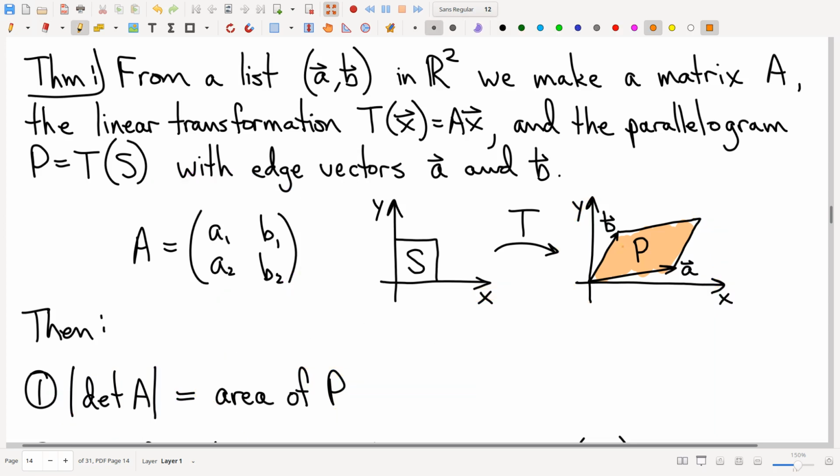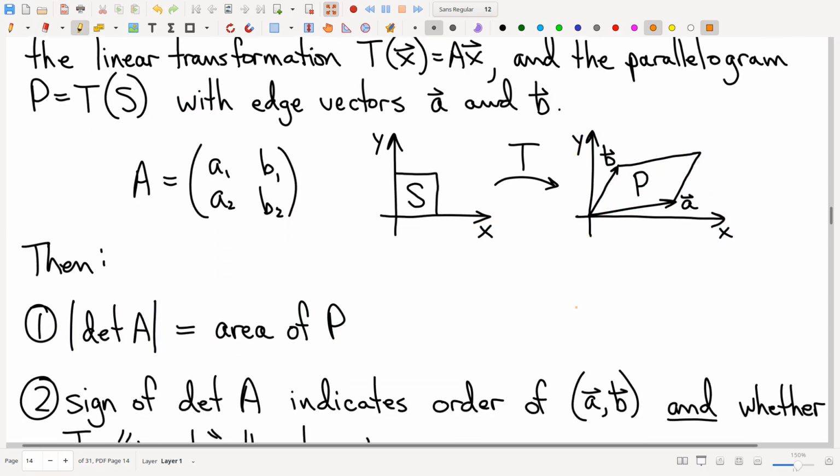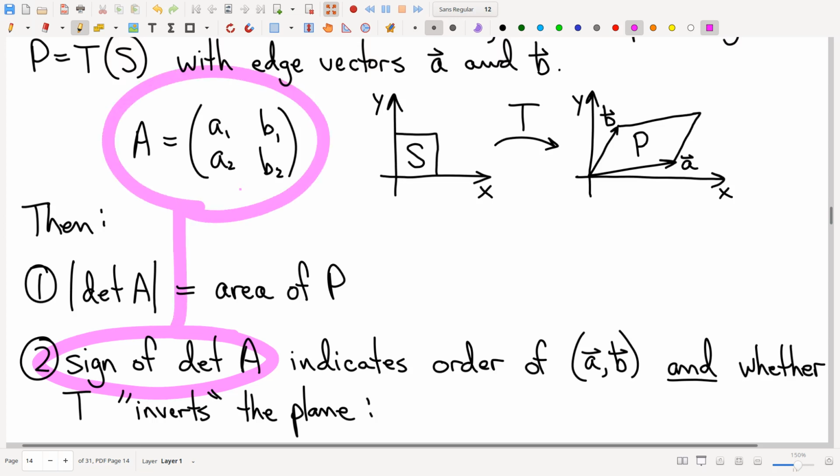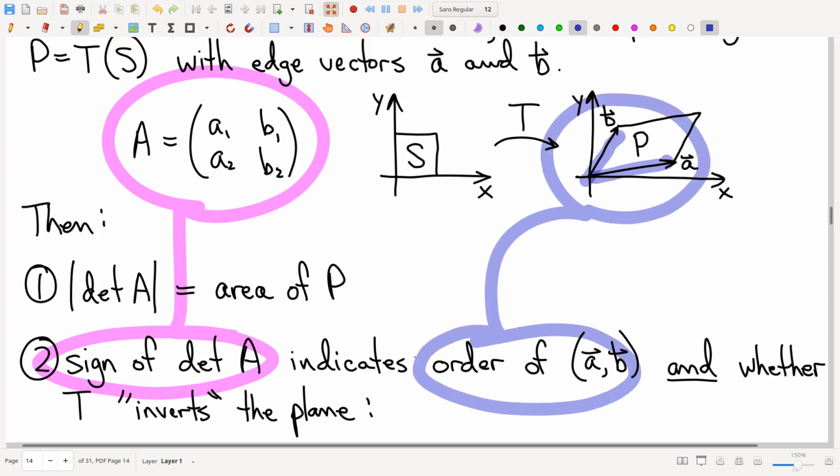Second neat fact is that the sign of the determinant, that's SIGN, plus or minus, tells you about the ordering of this list. So keep in mind, we had this original list of vectors, A and B. A first, B second.